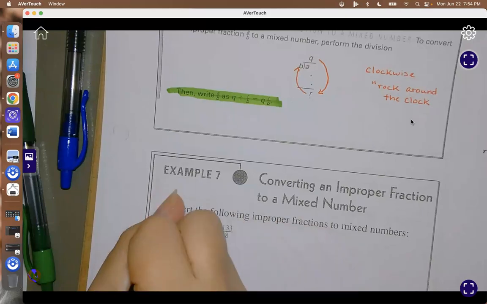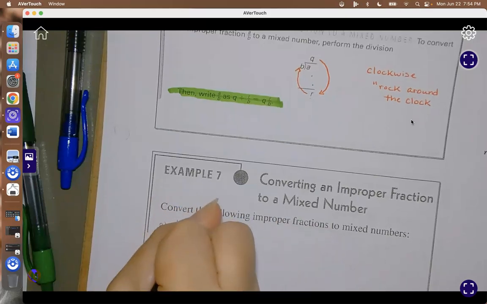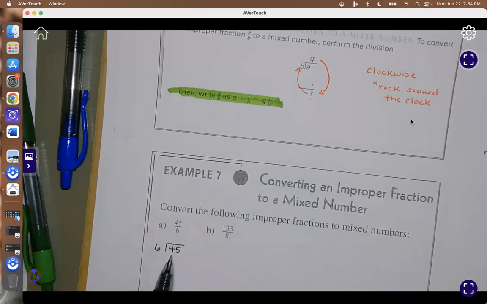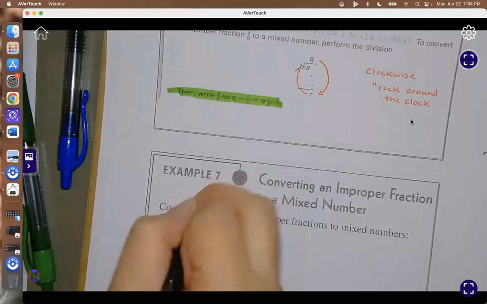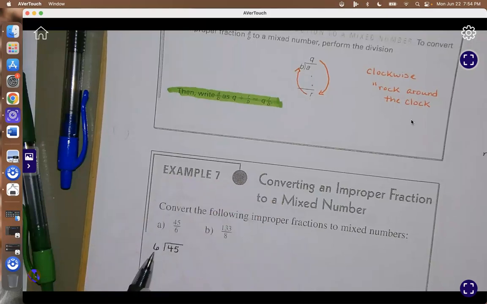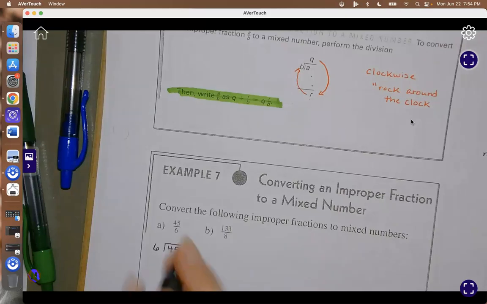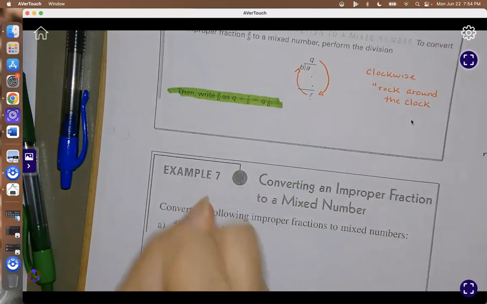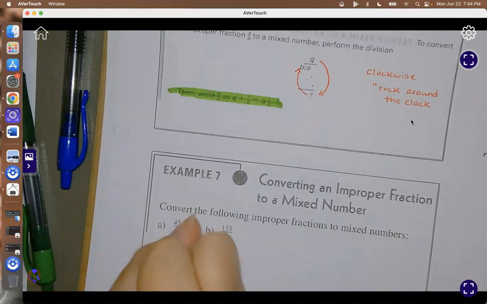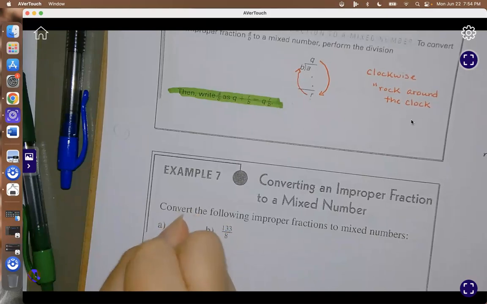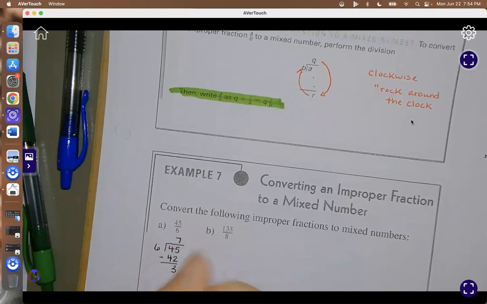Okay, so 6 into 45. 6 will not go into 4, but it'll go into 45, the closest one. So 6 times 5 is 30. 6 times 6 is 36. 6 times 7 is 42. That's as close as we're going to get. So 42. So we subtract and we have 3 left. You're not going to get 6 to go into 3.